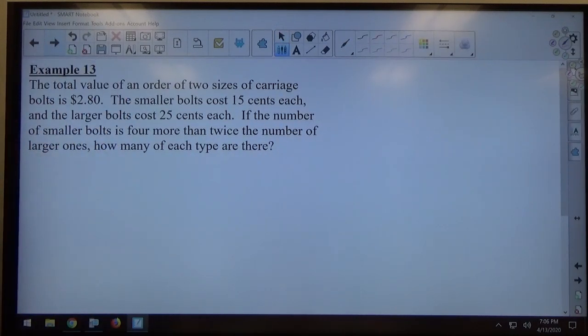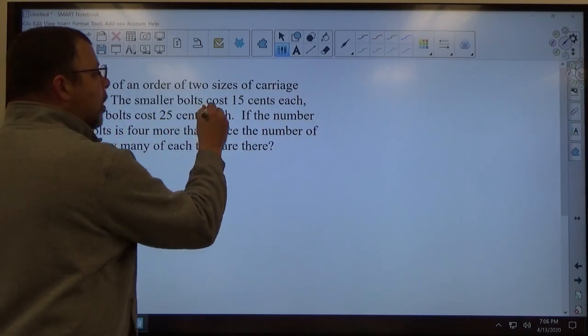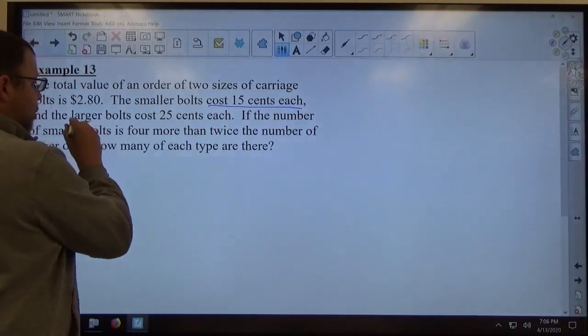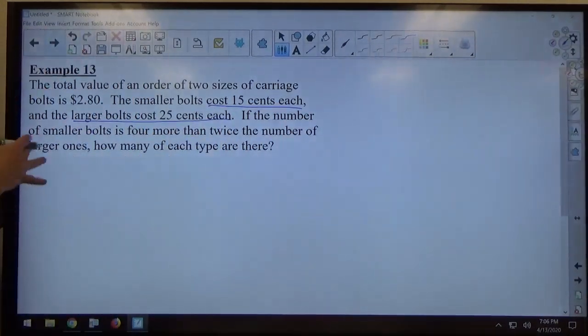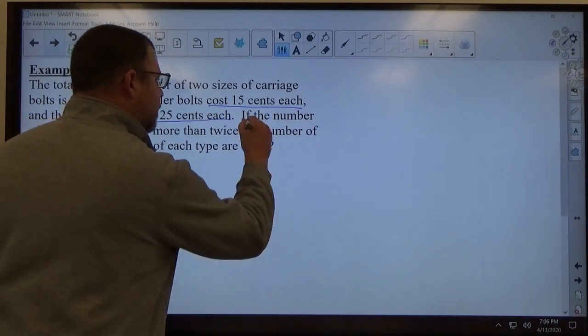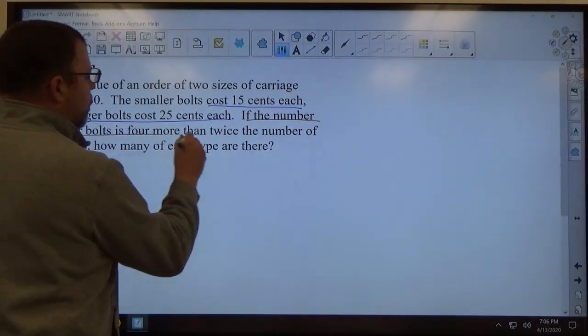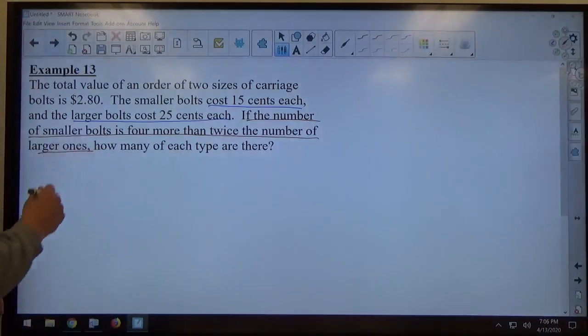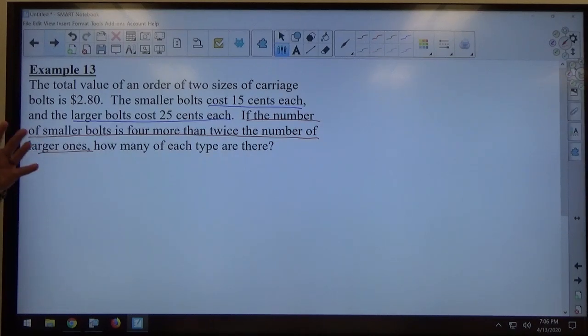When you see problems that involve amount, number of things, and also value of things, as you can see, smaller bolts cost 15 cents each, larger bolts cost 25 cents each, they're giving you a value of things in the problem. The number of smaller bolts is 4 more than twice the number of larger ones. It's really important here that we create a setup that allows us to establish things about number and things about value.